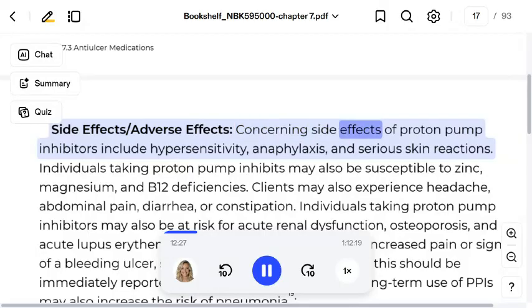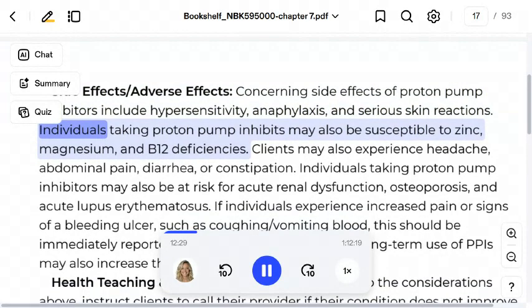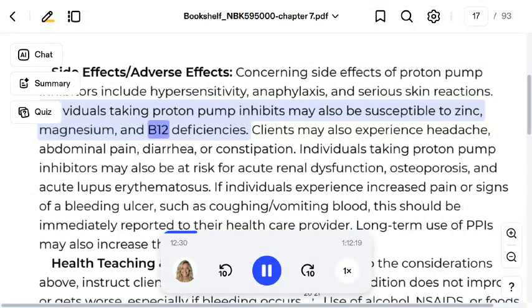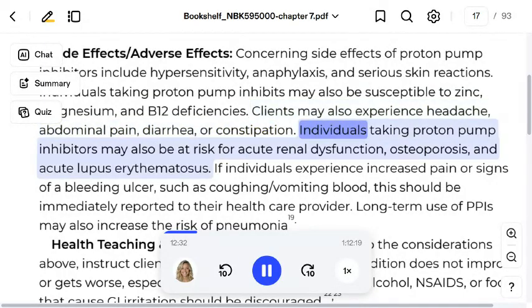Concerning side effects of proton pump inhibitors include hypersensitivity, anaphylaxis, and serious skin reactions. Individuals taking proton pump inhibitors may also be susceptible to zinc, magnesium, and B12 deficiencies. Clients may also experience headache, abdominal pain, diarrhea, or constipation.